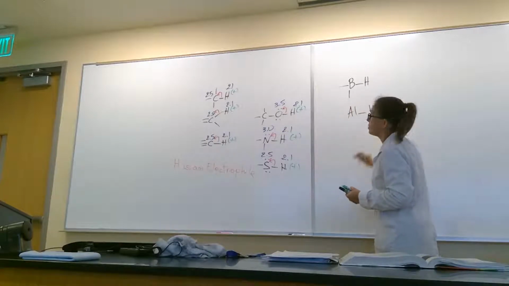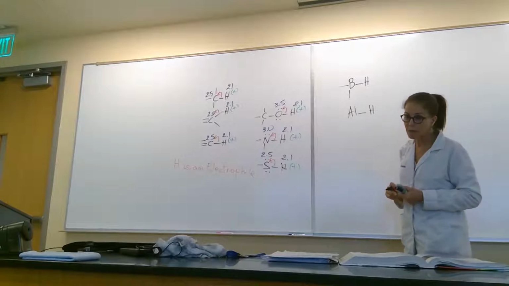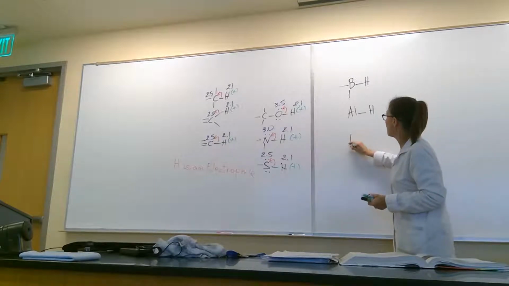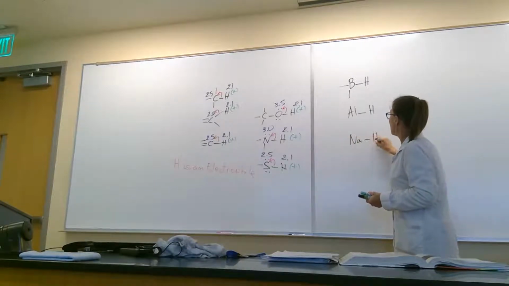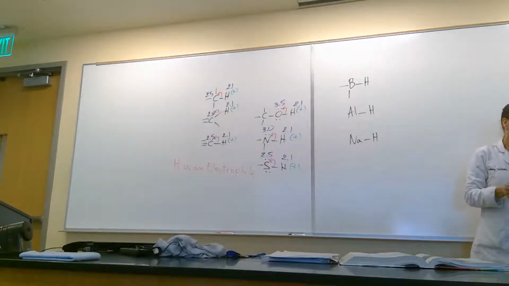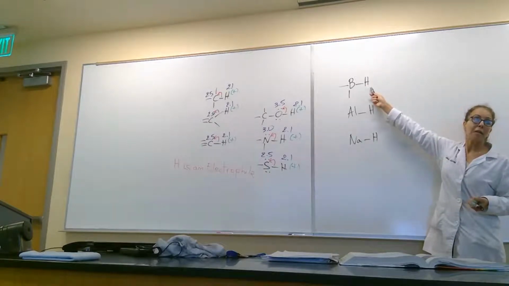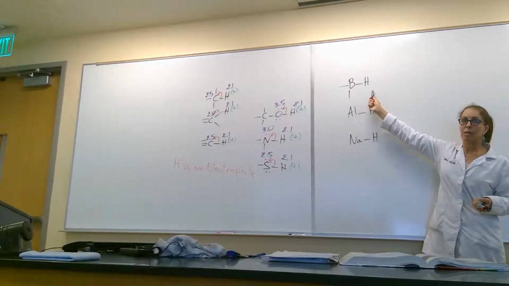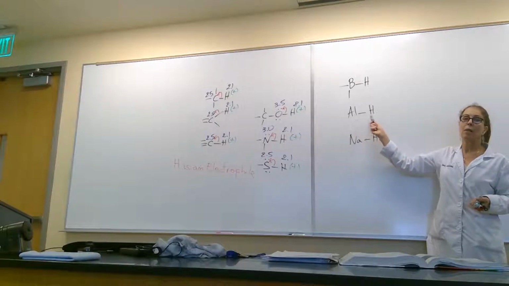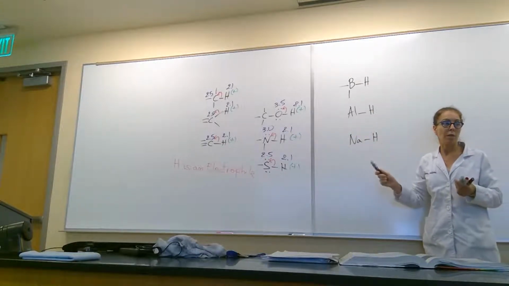With aluminum next to an H, it's a metal, aluminum. You can also use sodium. So in organic chemistry, we use these three elements. So in here, this is called a hydride. So this is a borohydride. This is an aluminum hydride. This would be a sodium hydride.